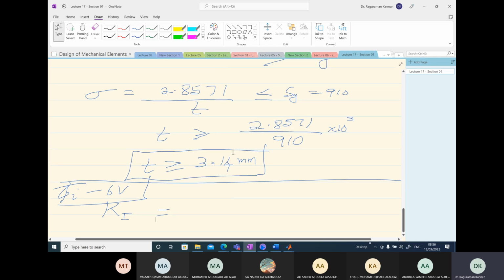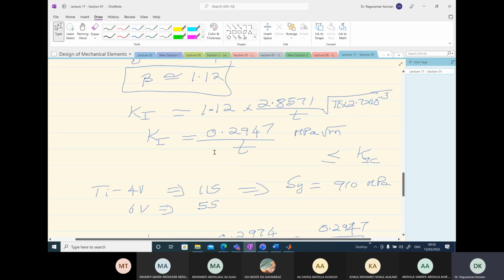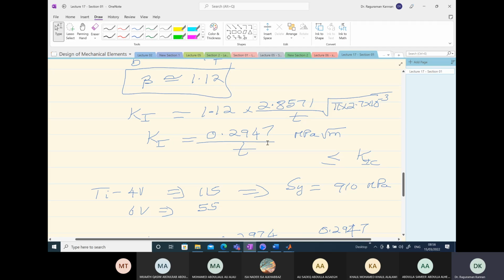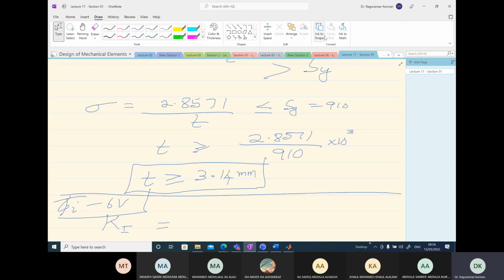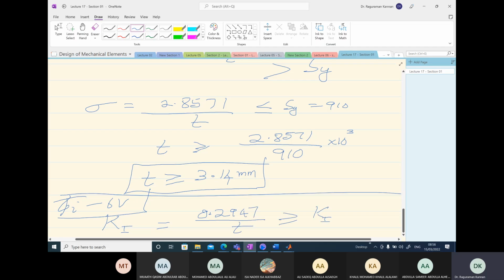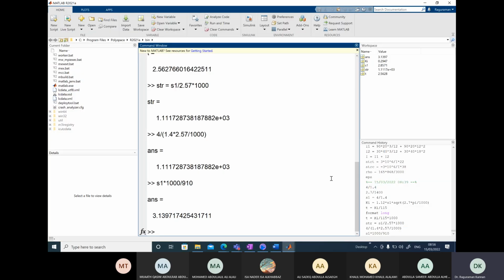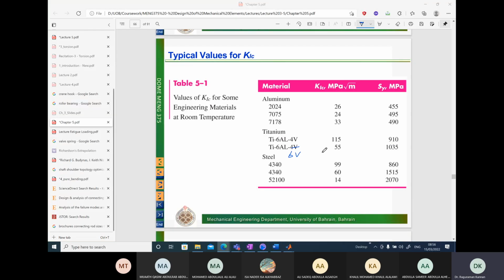KI, if we calculate according to the formula, KI is 0.2947 over T. Must be less than or equal to KIC value, which is equal to, go back to the slide, for 6V it is 55.